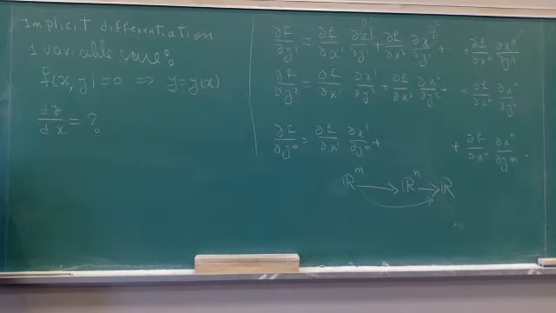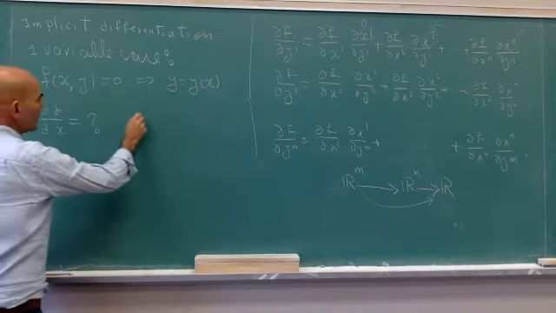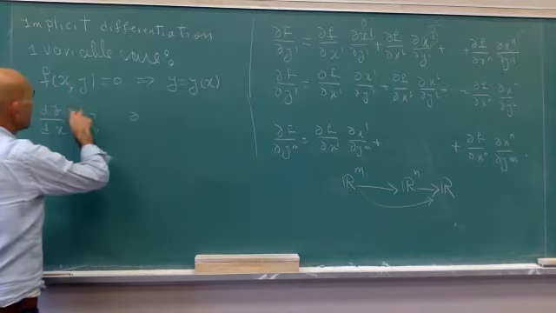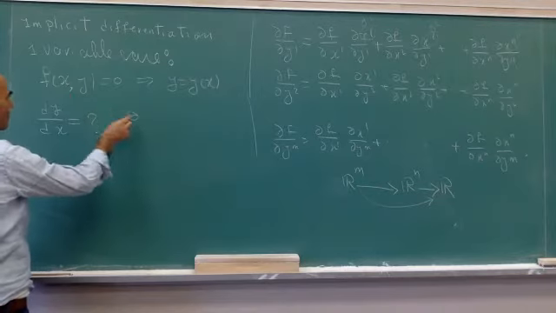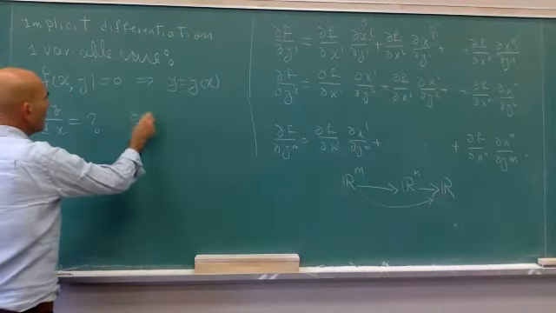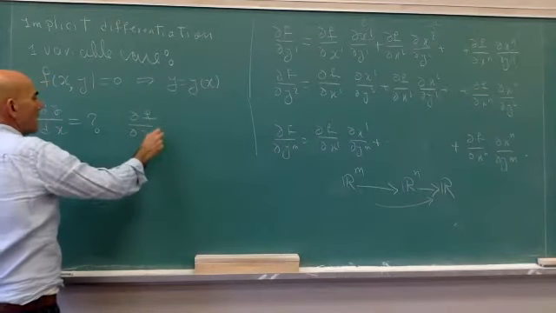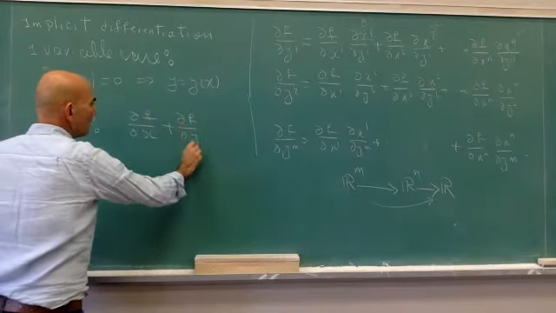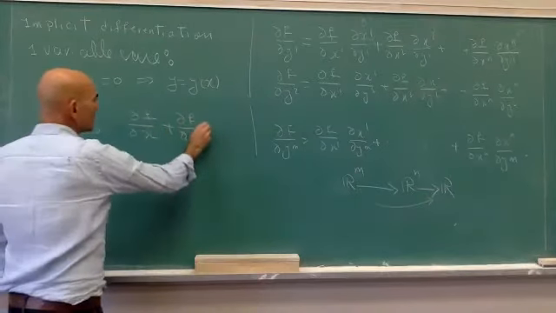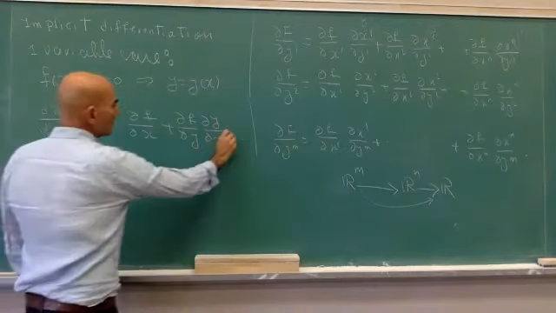And we were told in one variable calculus to just take the derivative of this with respect to x. So we write df/dx plus df/dy times dy/dx, and this is equal to 0.